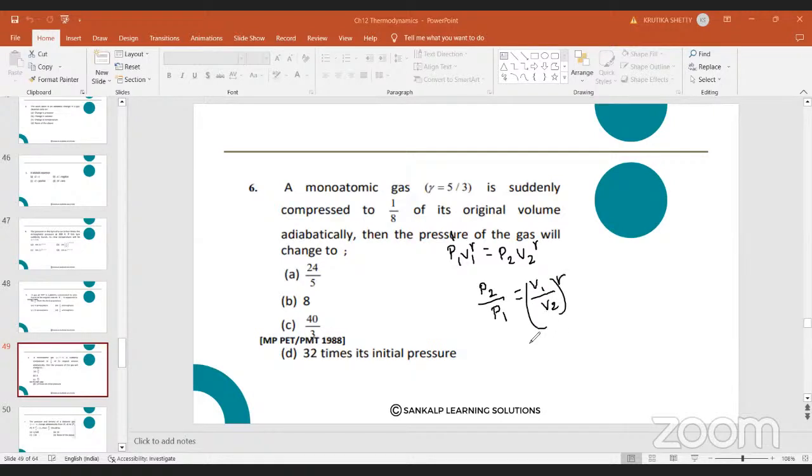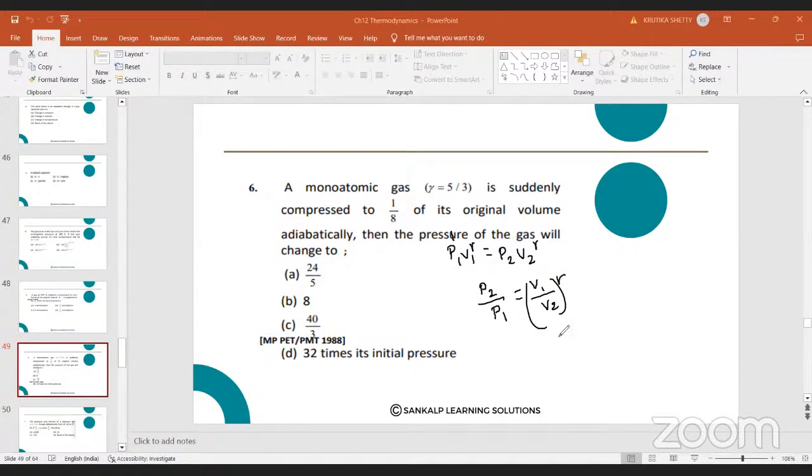See here, it is suddenly compressed to 1/8 of its original volume, right? So if you consider the initial volume as V, V2 will be 1/8 of that.